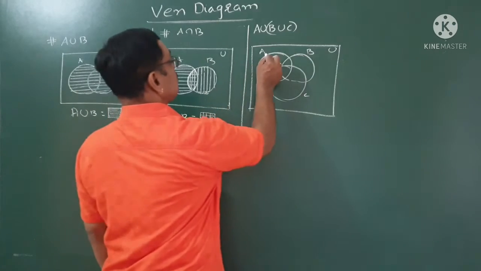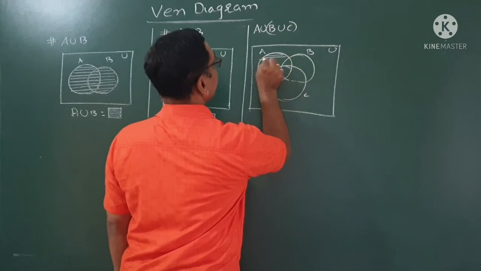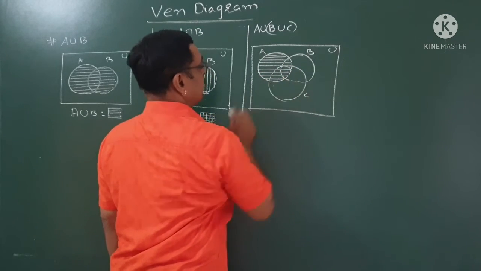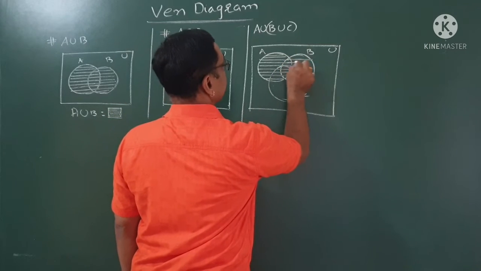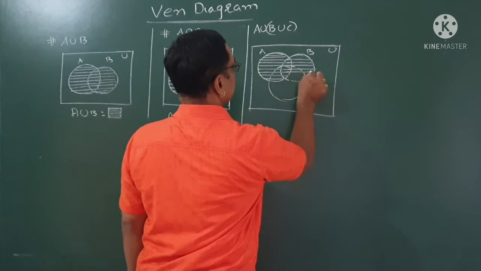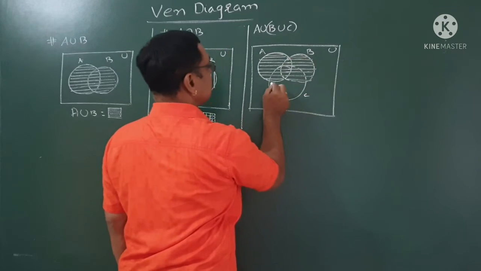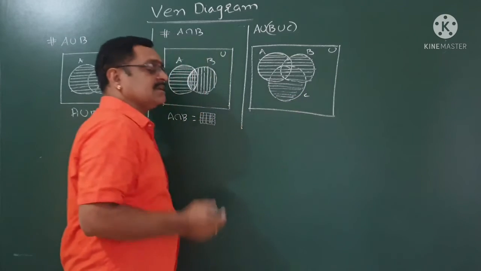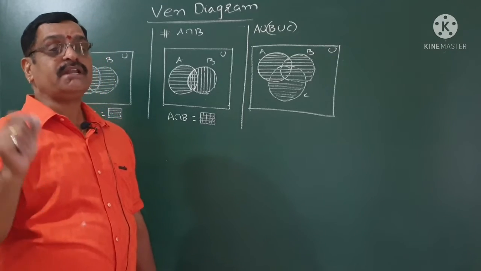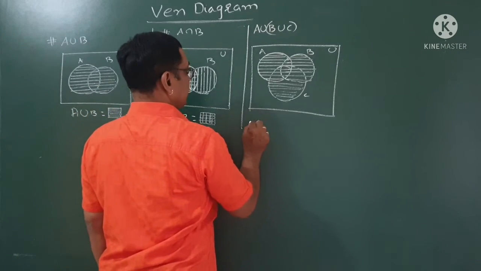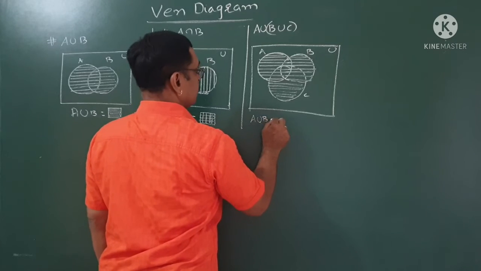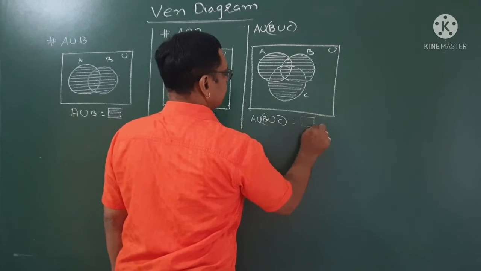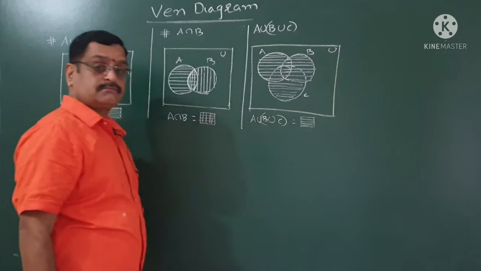If I use horizontal lines for A, I have to use the same lines for B and C also. So wherever you find the horizontal lines, that part represents A union B union C. So A union B union C is just a rectangle with horizontal lines.